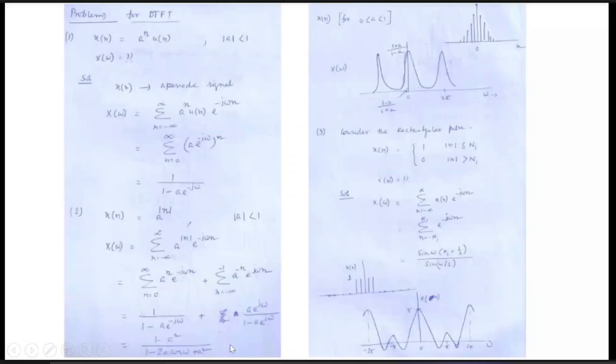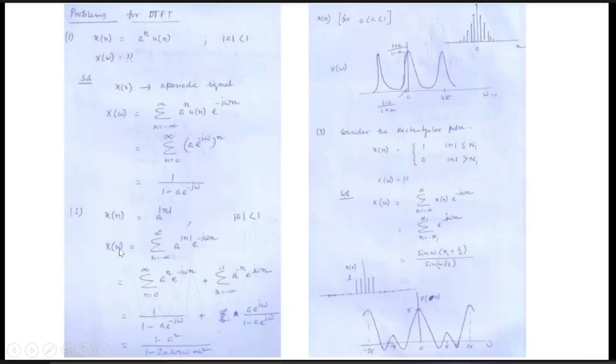So this is a cosine function. Some other factors are there, but it is periodic because it involves the cosine function, and it is continuous because no term n is there.